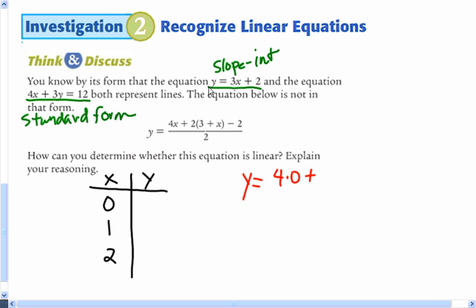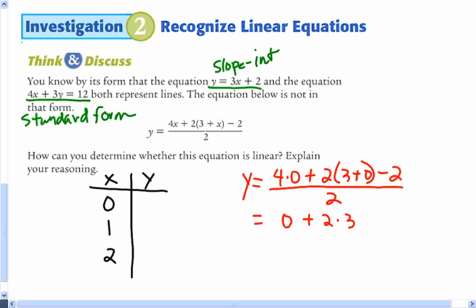So 4 times 0 plus 2 times the quantity 3 plus 0, minus 2, divided by 2. 4 times 0 is 0, 3 plus 0 is 3, and that's equal to 0 plus 6 minus 2 divided by 2, and 6 minus 2 is 4, plus 0 is 4, divided by 2 is 2.